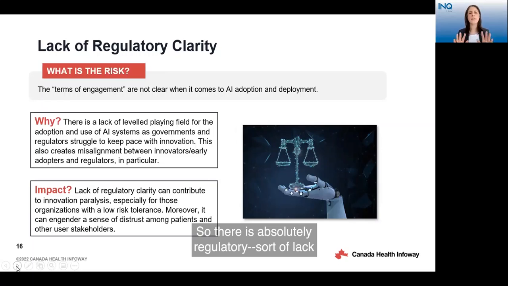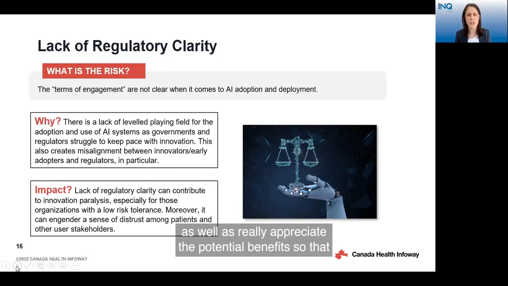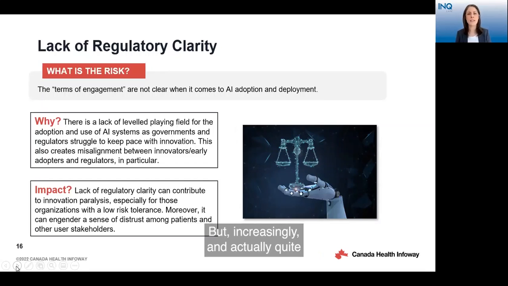So there is absolutely a lack of regulatory clarity as we start to take shape and really understand the potential harms associated with AI, as well as really appreciate the potential benefits so that we don't lose sight of them. But increasingly, and actually quite rapidly, the clarity that we are all searching for is coming into effect.